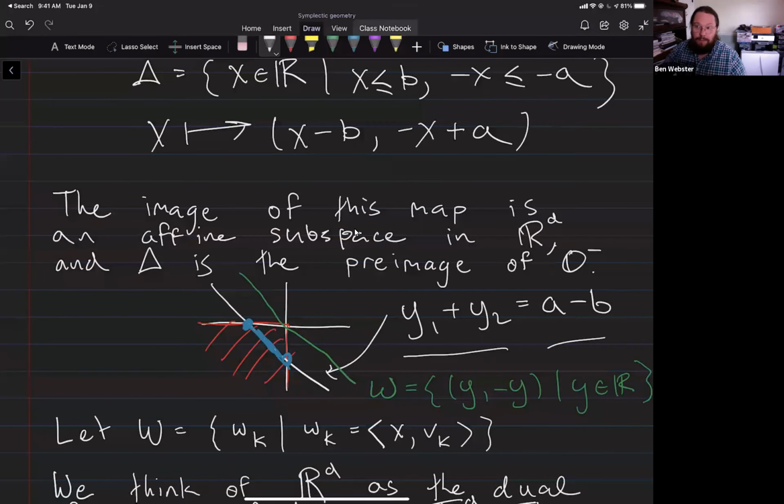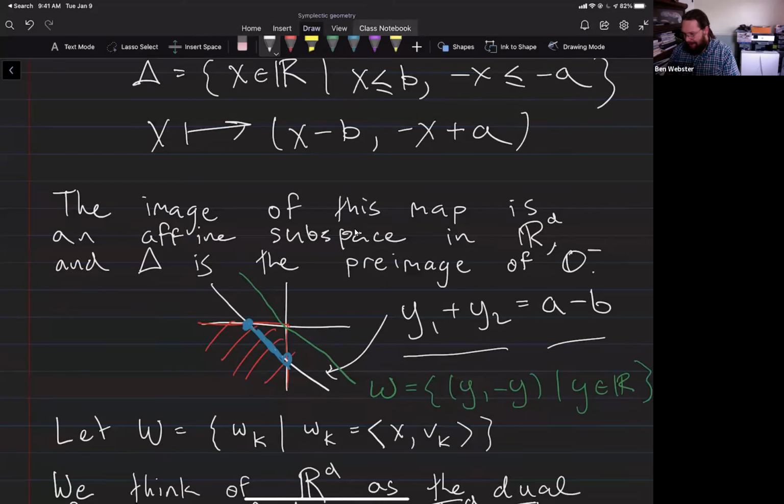And because of that minus sign in the moment map for the action on C, I want a negative number here. I'm mapping R in via that affine map, and this exactly sends the interval from a to b to this blue interval I drew here. It's the intersection of that affine subspace with the negative quadrant in R^2.